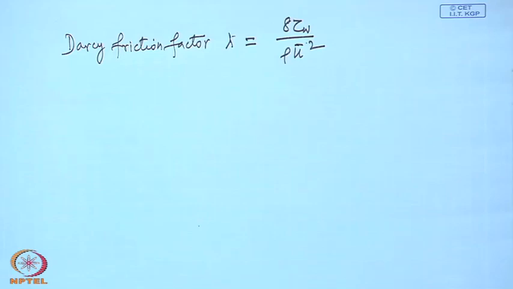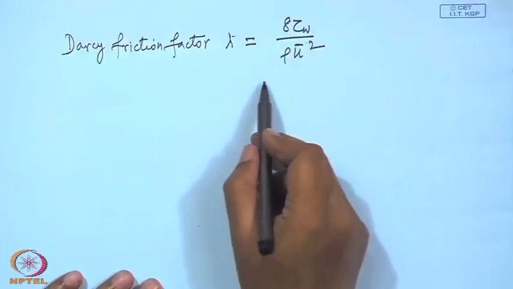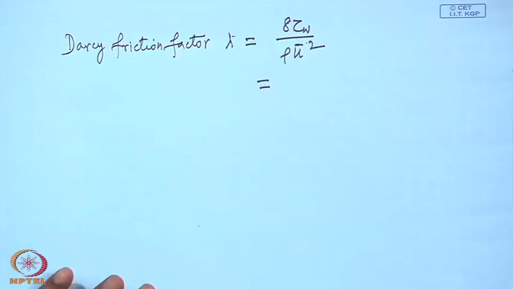This is a popular parameter in hydraulics and other fluid machineries, but not used in aerodynamics. But anyway, this is practically a hydraulic problem, not an aerodynamical problem. So, we will be using this Darcy friction factor. This is the definition, and how much will it come to? Just substitute those values and see.